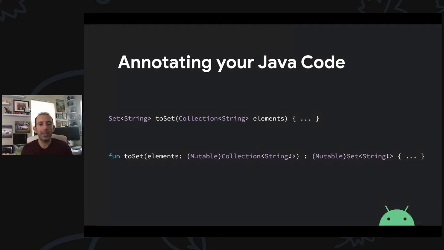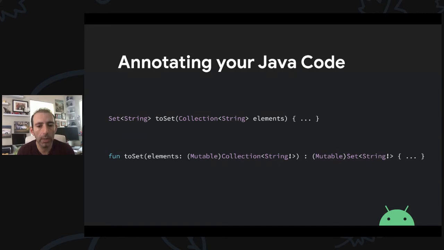So let's take a look at an example. A talk without code is not a real technical talk, right? So this is an API written in Java. The first line basically gets a collection of elements and converts it into a set.